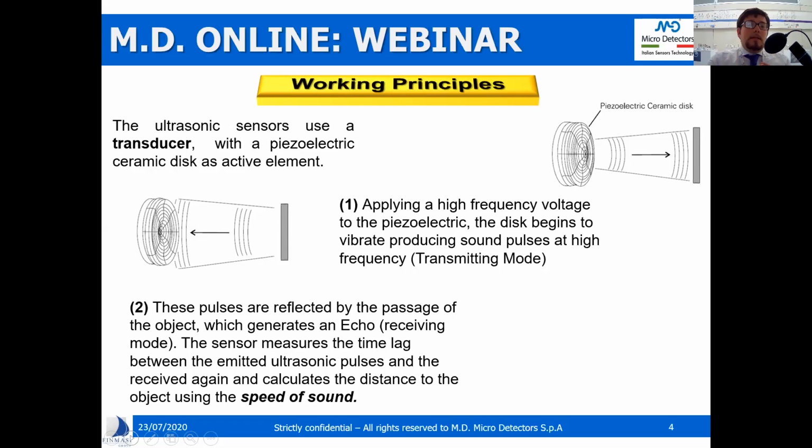As a consequence, the sensor is able to compute the distance of the detected object on the basis both of the speed of sound, because as you know, the sound has a characteristic speed when transmitted through the air, and on the basis of the time lag between the instant of the emission of the wave itself, and the instant of the reception.